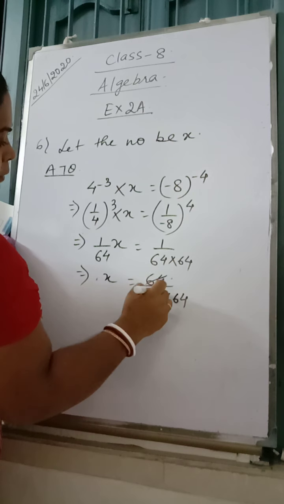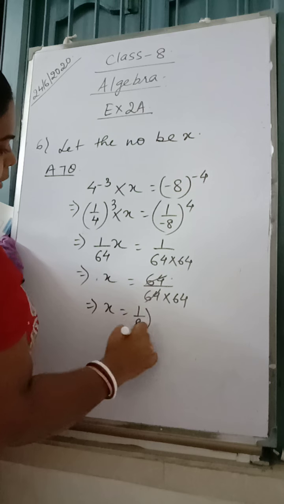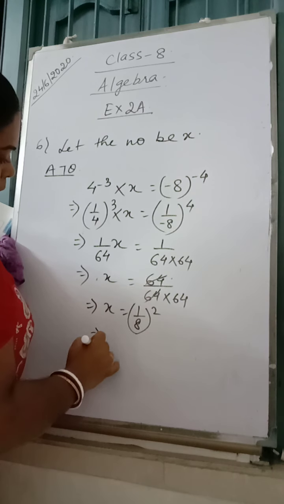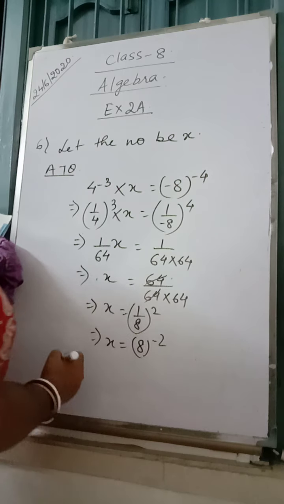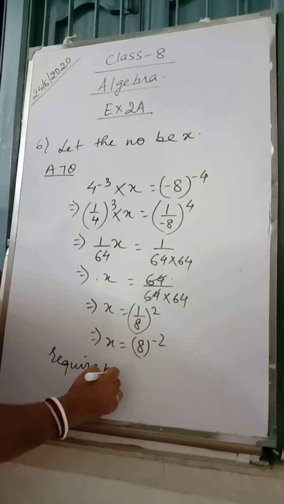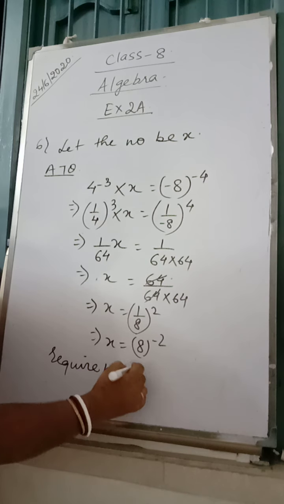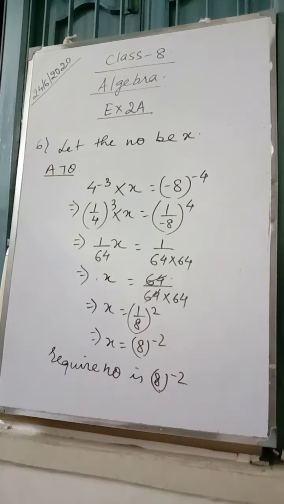This is cancelled, or x is equal to 1 by 8 square, or x is equal to 8 to the power minus 2. So you can write it, required number is 8 to the power minus 2. So we have done question number 6.